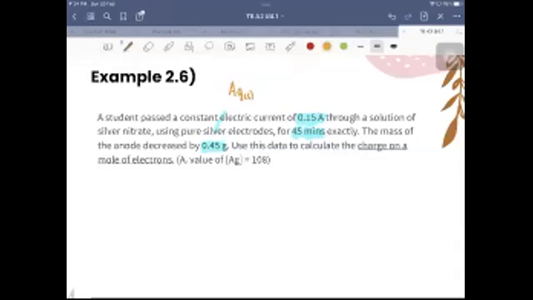Use this data to calculate the charge on 1 mole of electrons. Now, bear in mind the charge of 1 mole of electrons is equivalent to Faradays. We want to find F here, the charge on 1 mole of electrons.